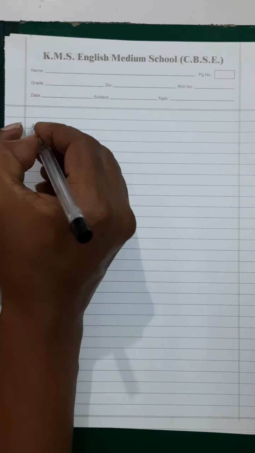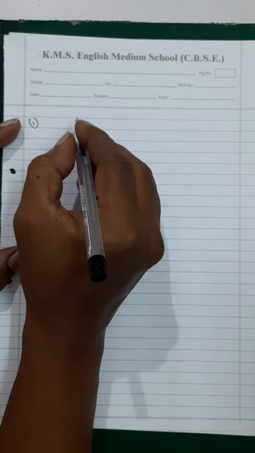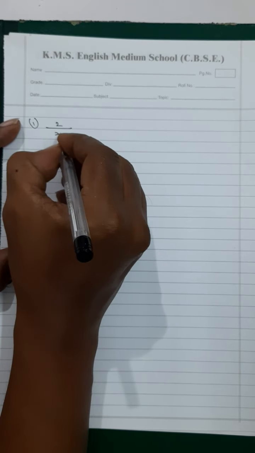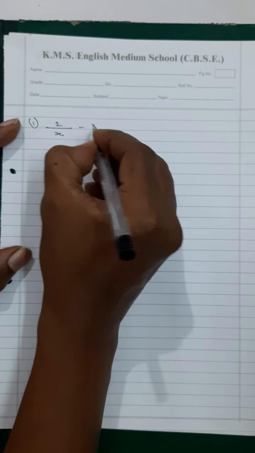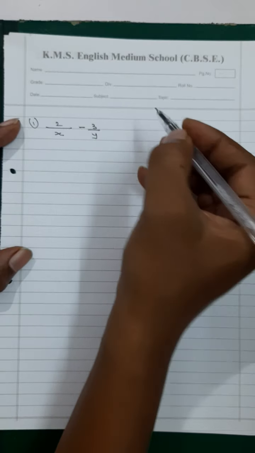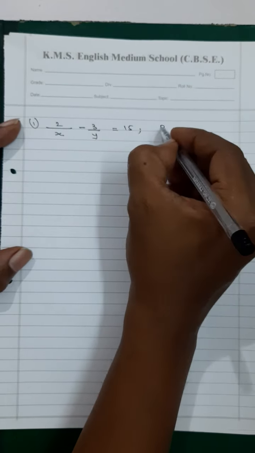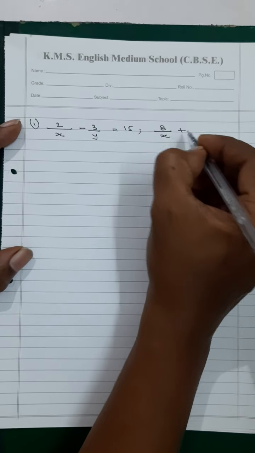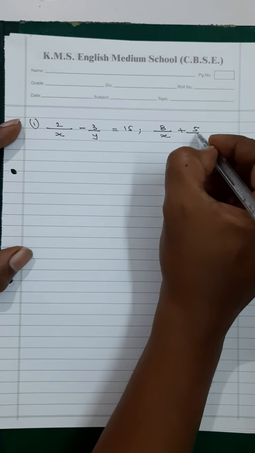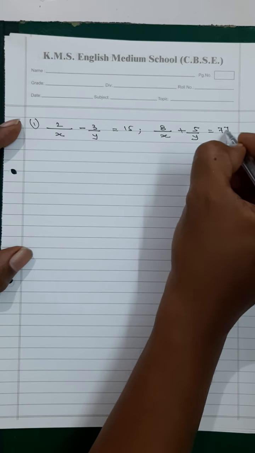So here I am giving you question number 1. Minus 3 upon y is equal to 15. This is the first. Then 8 upon x plus 5 upon y is equal to 77.